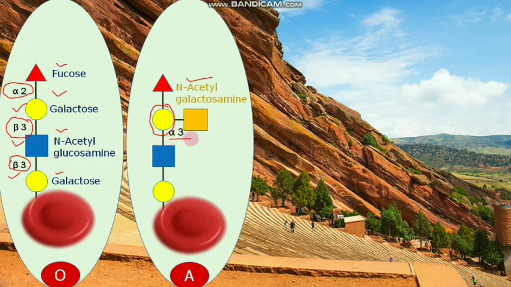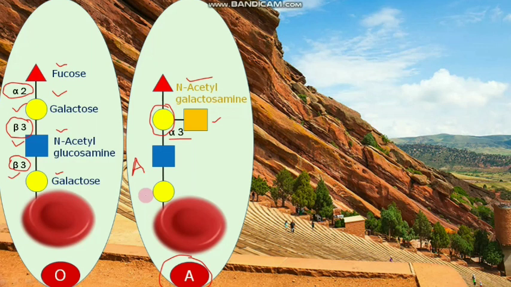So if this N-Acetylgalactosamine branch is present in the monosaccharide chain on the surface of the RBC, the antigen will be the A antigen. The antigen represented in the figure is the A antigen, which will be present in the RBC of an A blood group individual.